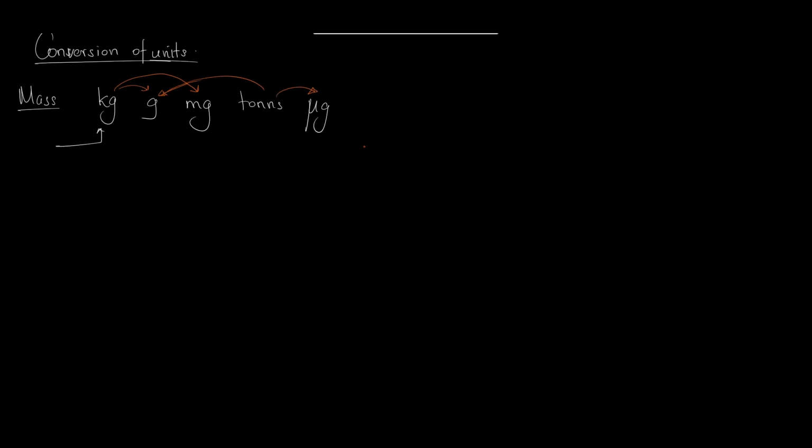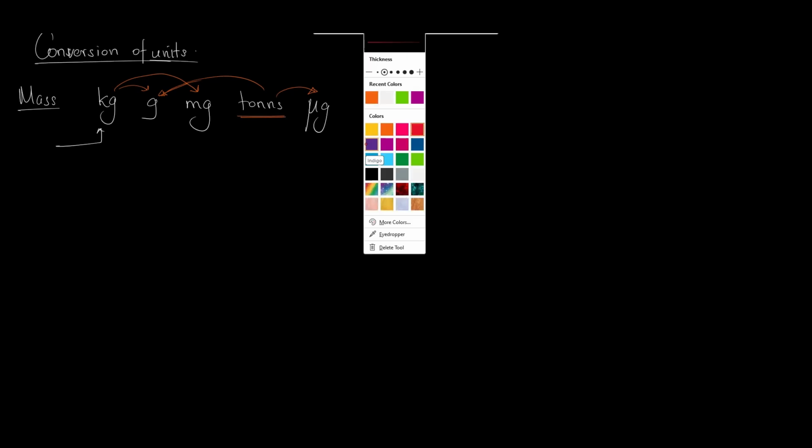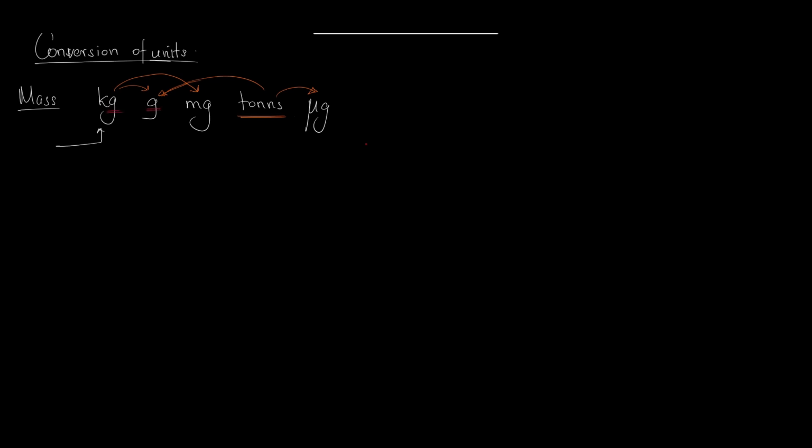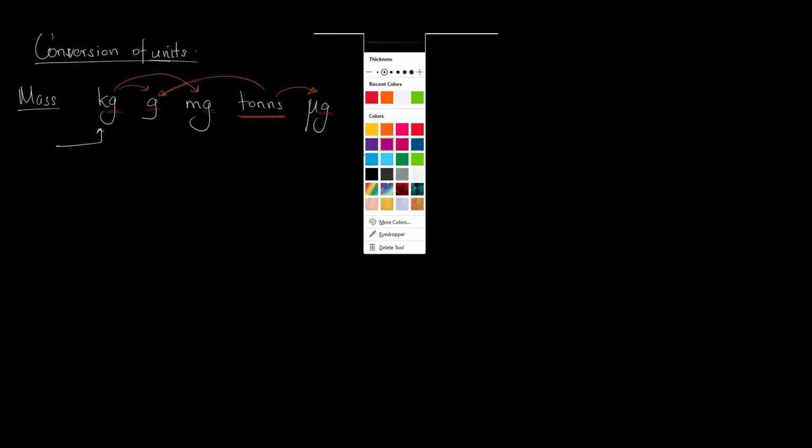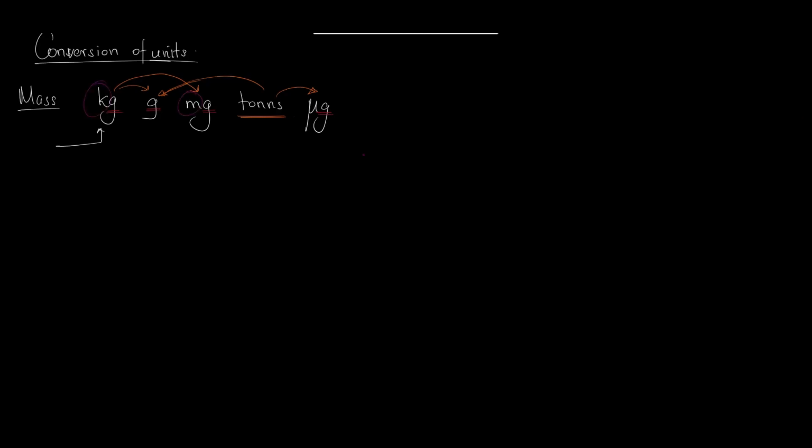So if you look at this, except the tons, every other alternate unit has this gram. But we have one letter that is changing in front of the gram. So here we have kilo, we have milli, we have micro.